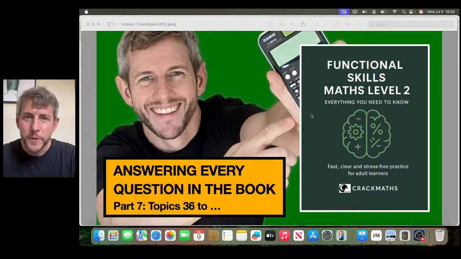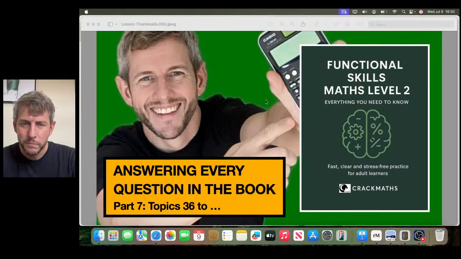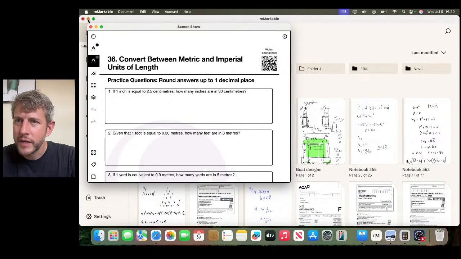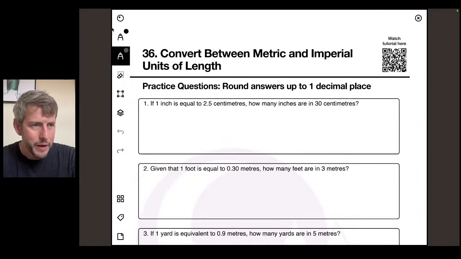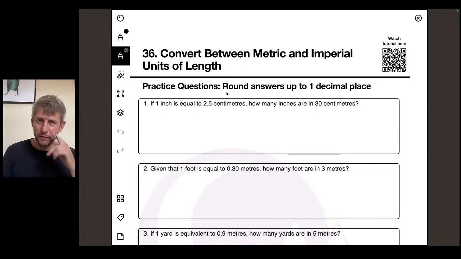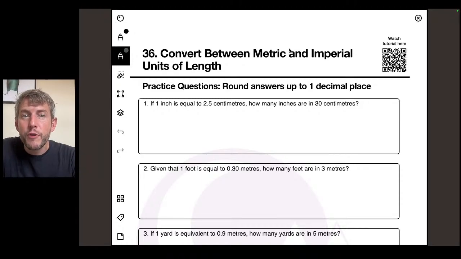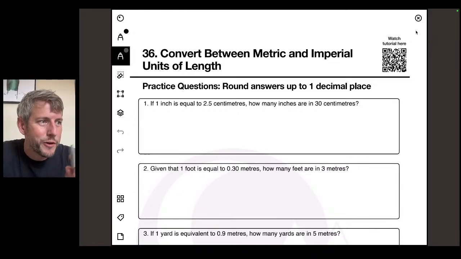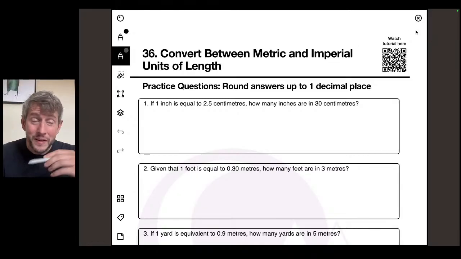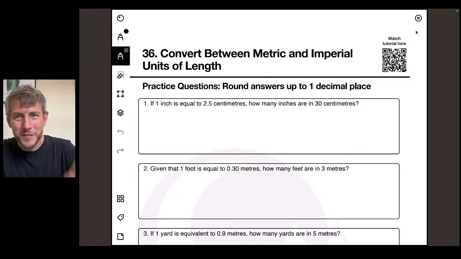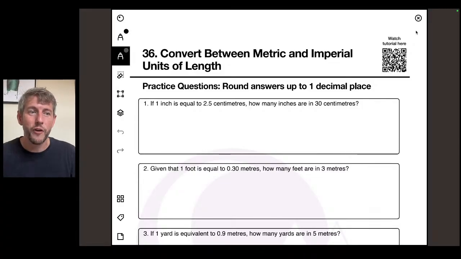We got up to topic 36 last time, so here we are, topic 36. I'm just going to go through these questions, but if you want more support, you'll notice that in each corner there are QR codes. I've tried this out on a past video and discovered that these QR codes still work on the video, so you can scan them to find the lesson.